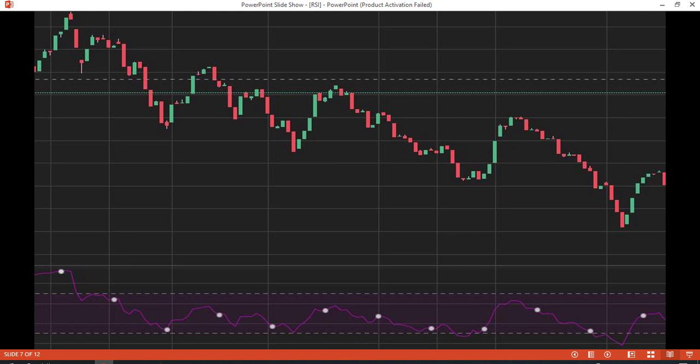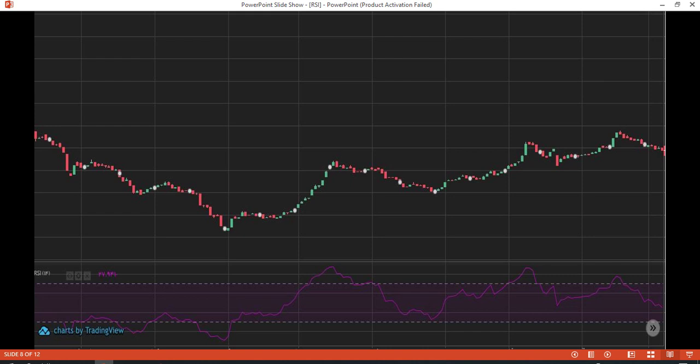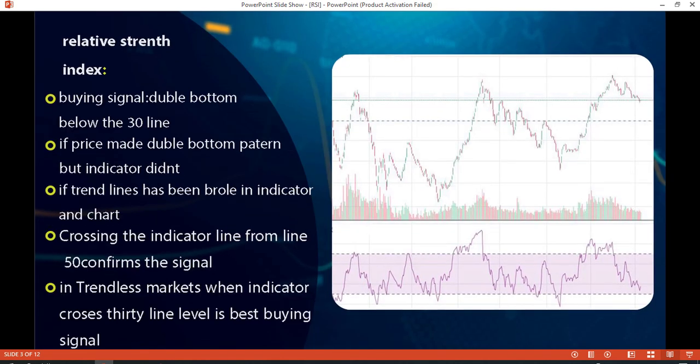Let's see other examples. We have something like a double bottom here, but I will describe this in the future. We don't have any more of this type of signal.